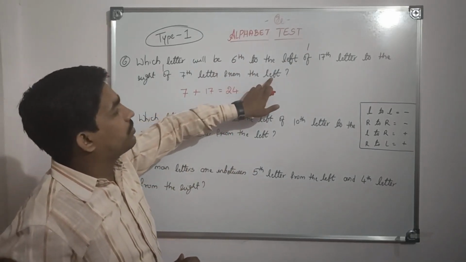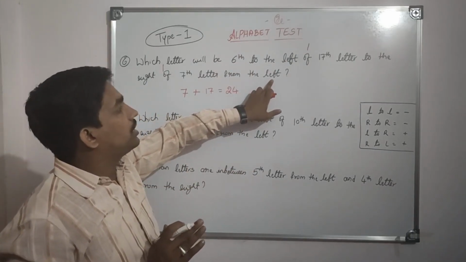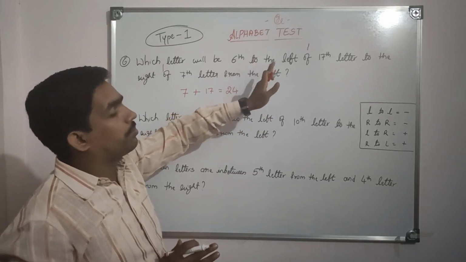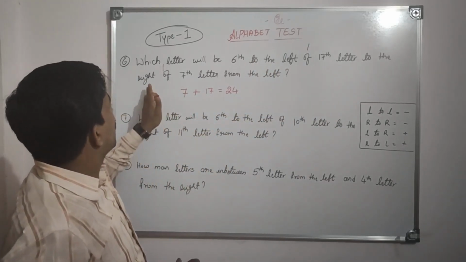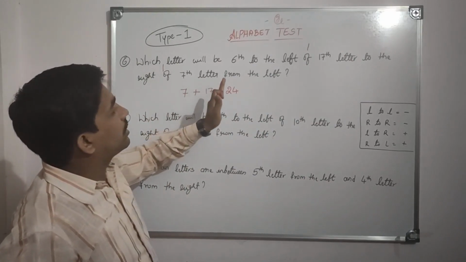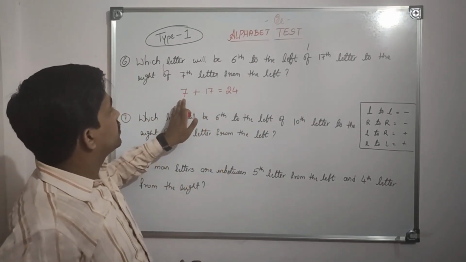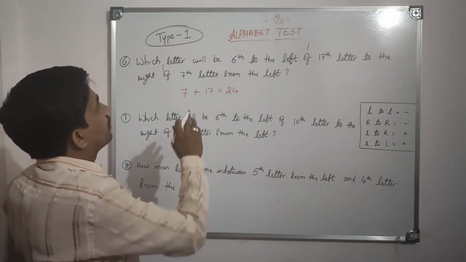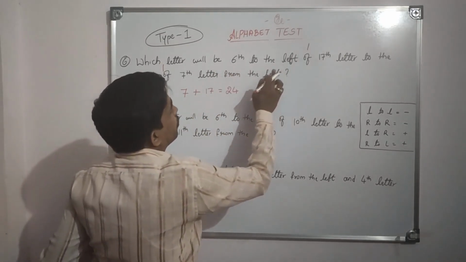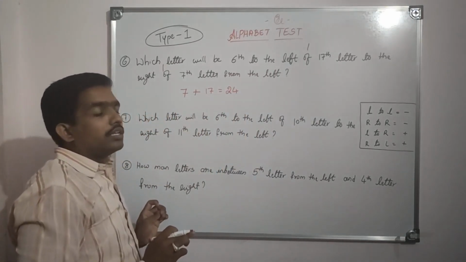So this is very important. You will consider all the parts. 17th to the right of 7th letter from the left means 7 plus 17. It is 24. Okay. Then 6th to the left of 24th letter.